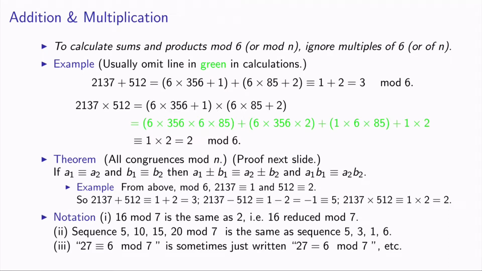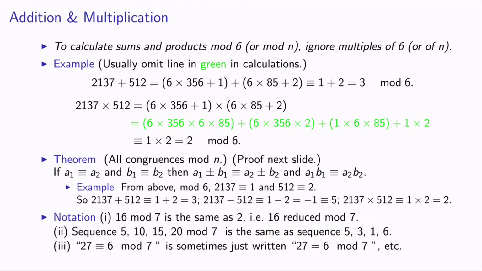And finally, we have a little bit more notation. When I say 16 mod 7, then that's going to be the same as 2, because 16 is 2 sevens, 14, plus 2. And we sometimes read this as 16 reduced modulo 7.